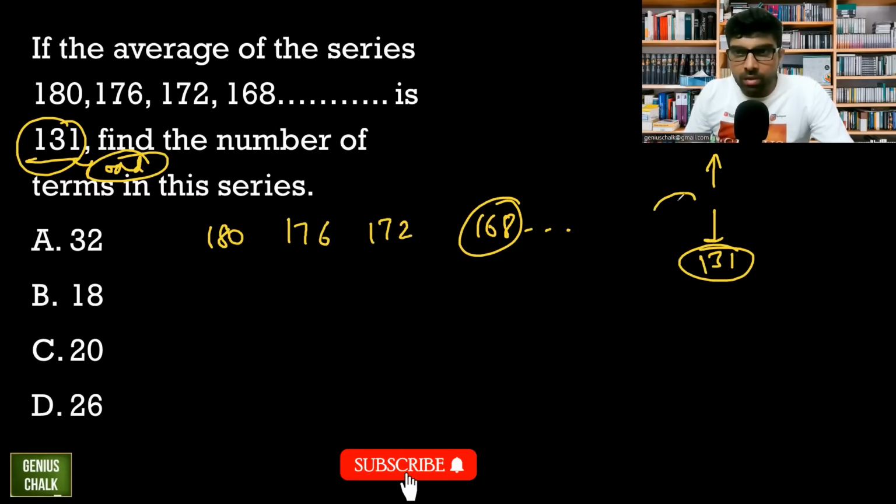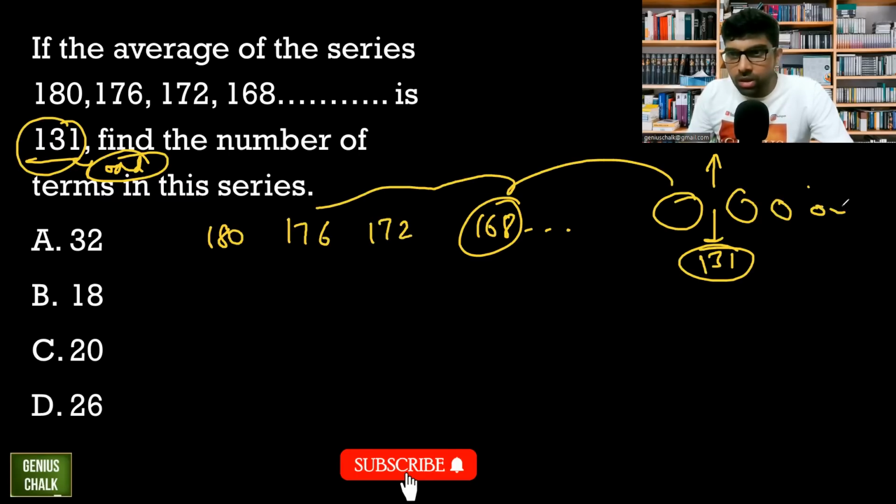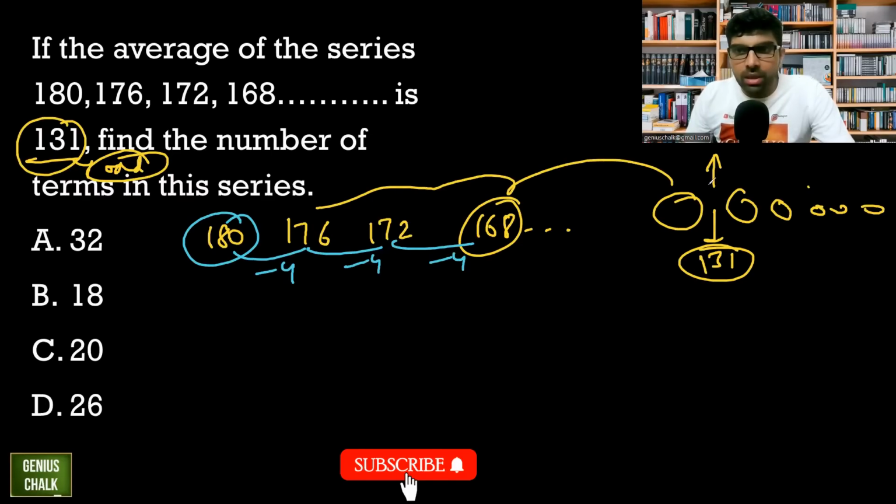Okay. So that means one number will be here. So this is the average, and whatever number of numbers are here, before that also, the same number of numbers are here. I hope you're getting my point. This is the series, right? This is the series where some numbers are written with difference. Like this is the first term, then -4 difference, -4 difference. These are terms. So 131 is the average. That means this will not lie in this series because 131 is an odd number.